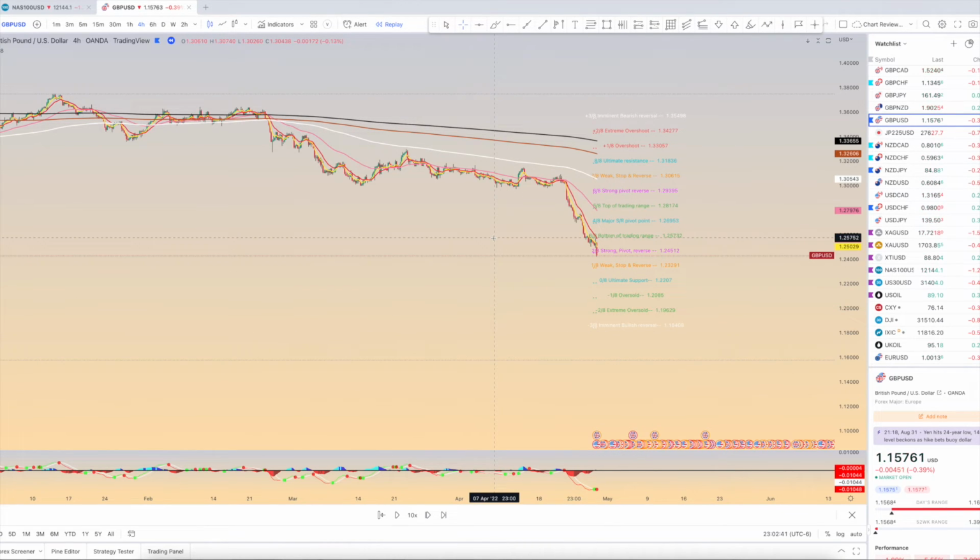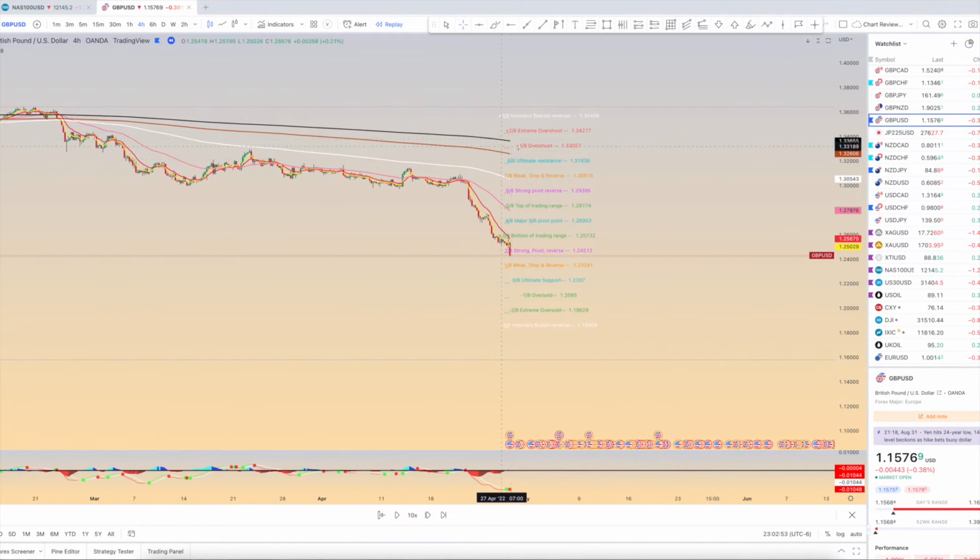These are calculations that are plugged into the equation of this particular indicator, and all you have to do is pop it up, and then you see kind of a long-term projection, depending on the time frame that you have, of where it's potentially going in the next several days, several weeks.